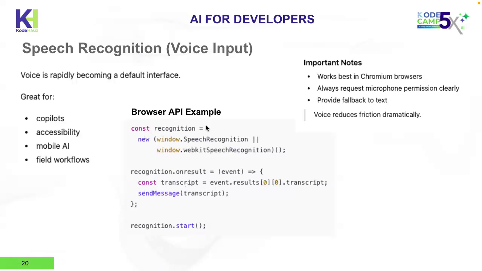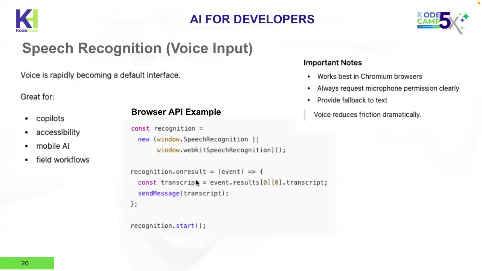You just create a new instance of it, right? And then you listen to this onresult event, okay? Whatever callback you create, assign it to this onresult event. So once anything happens, once there's a voice input, right, the onresult will be triggered. Then you can read from event.results[0][0].transcript.